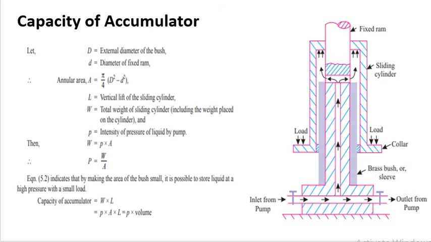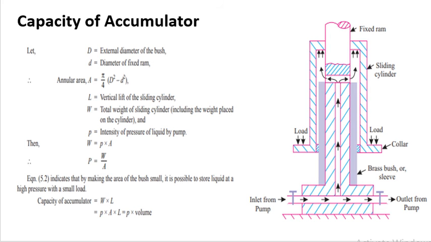This is the brass bush, and it is surrounded by an inverted sliding cylinder. This is the inverted sliding cylinder having a circular projected collar on which weights are placed. Weight can be placed here. This is the collar on which weights are placed.